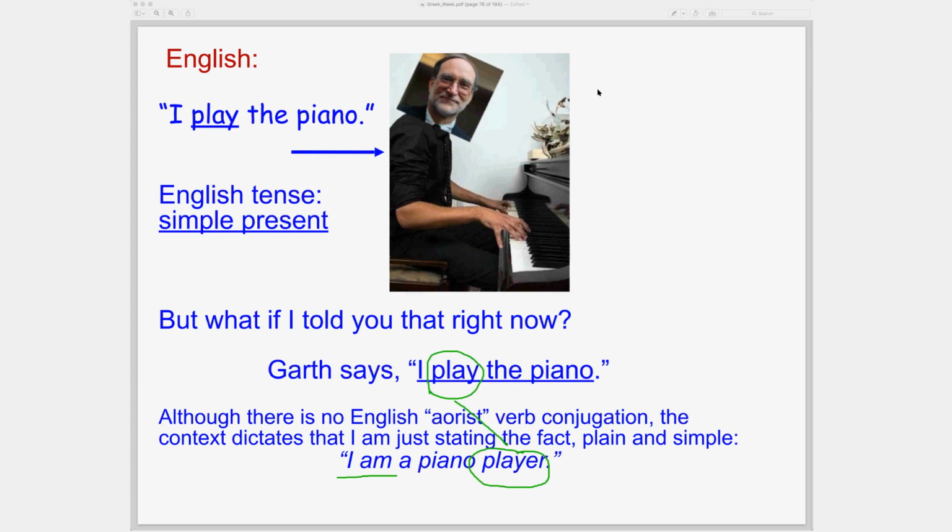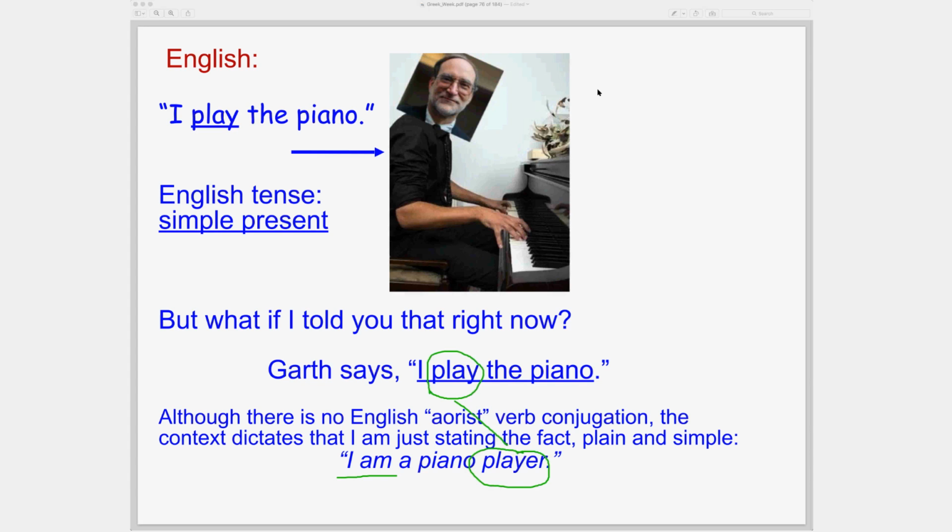So, Prudence, what I'm saying is that I could say this while playing the piano. Now, if I said, I am playing the piano, that is present progressive tense. And you say, well, obviously you are playing the piano. I can hear that. That would be a different sense than if I say, I play the piano.